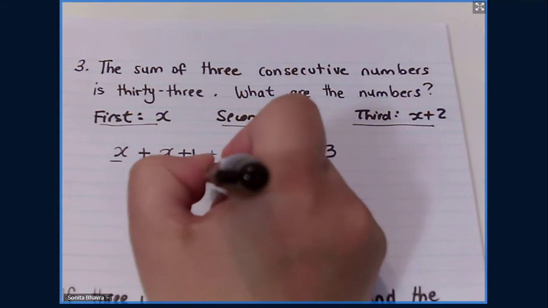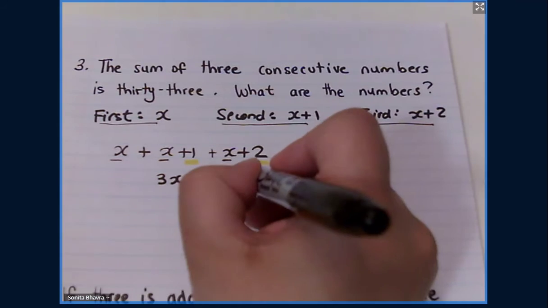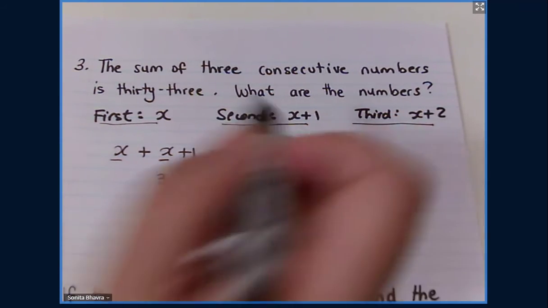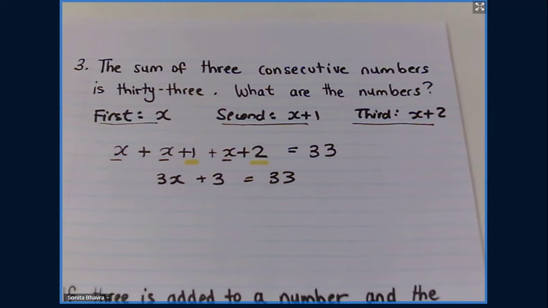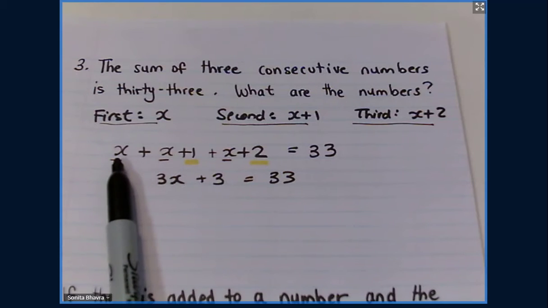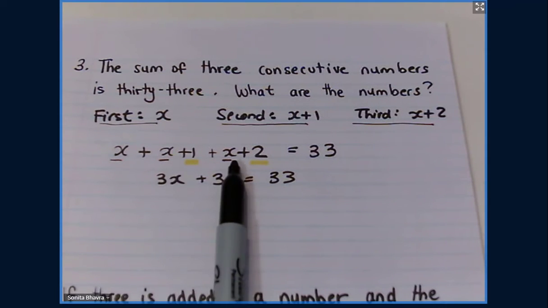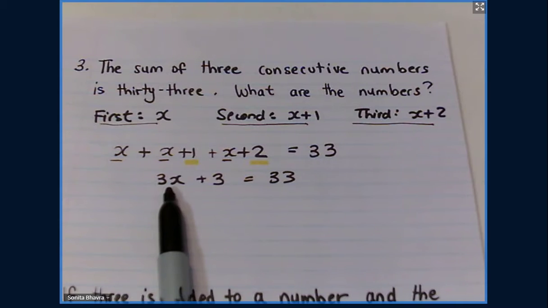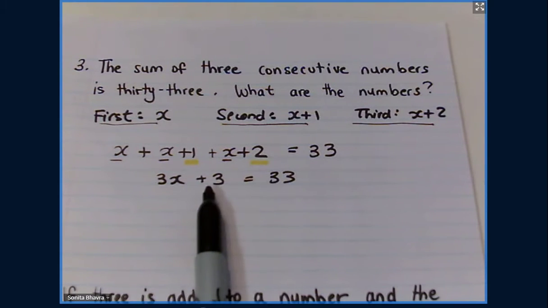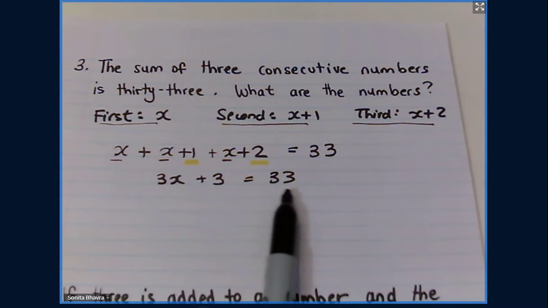So 3x plus 3, and it's equal to 33. All I've done so far is collect the like terms together, and it's still equal to 33.